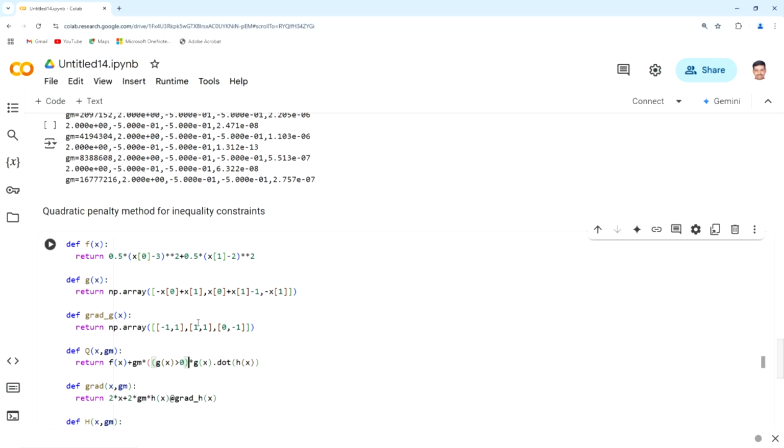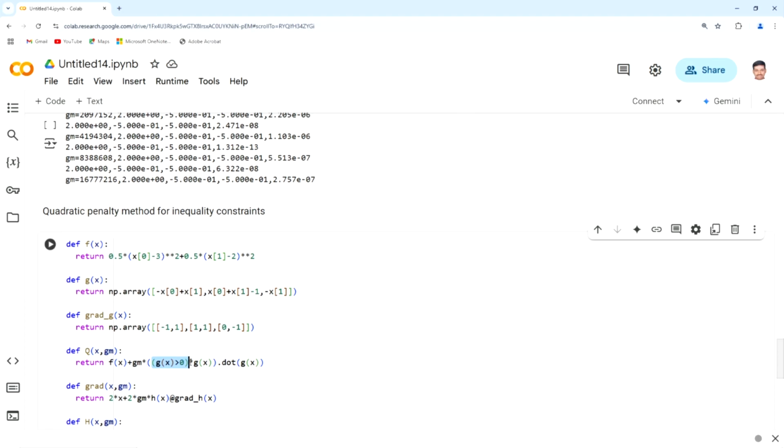I would like to write it this way. So, let me explain what is going on. I have written g of x greater than 0 into g of x. g of x is a vector, a 1 cross 3, three dimensional row vector, right.